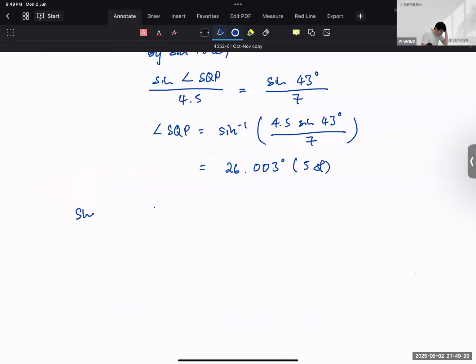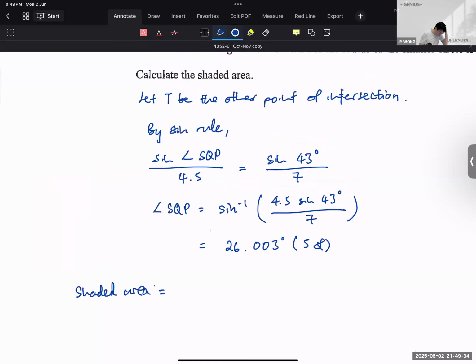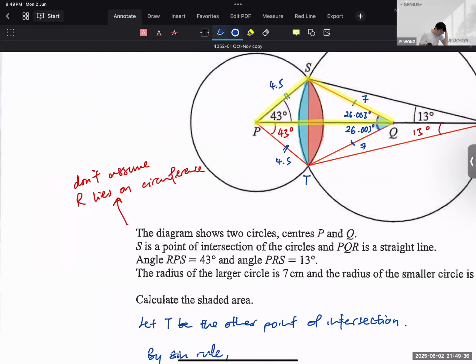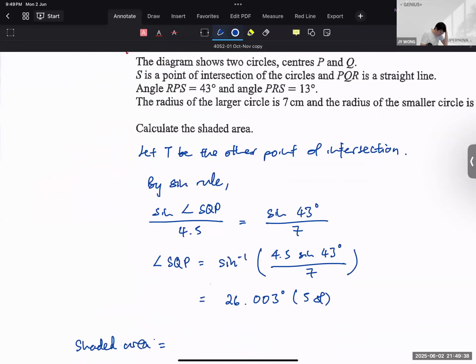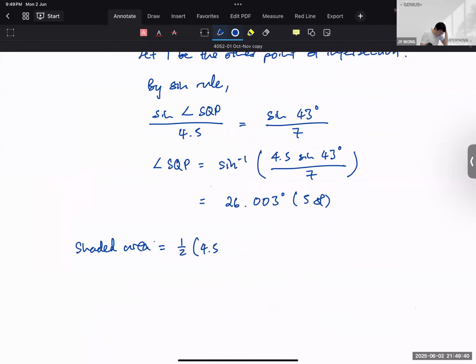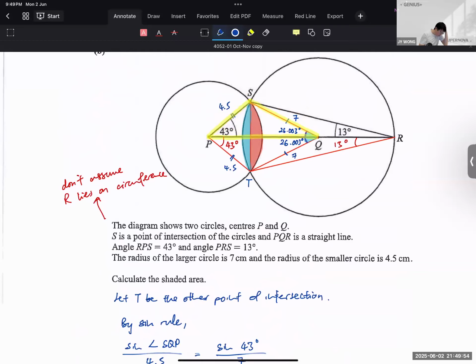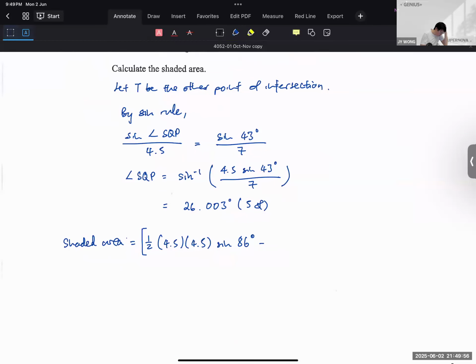So your shaded area is equal to, half R square theta first.